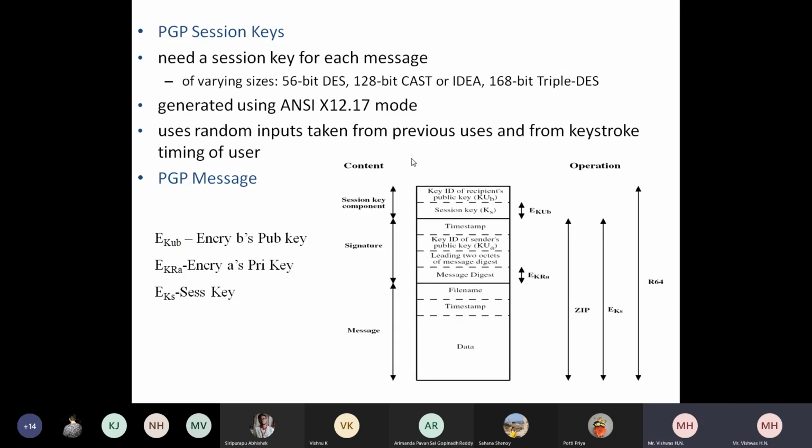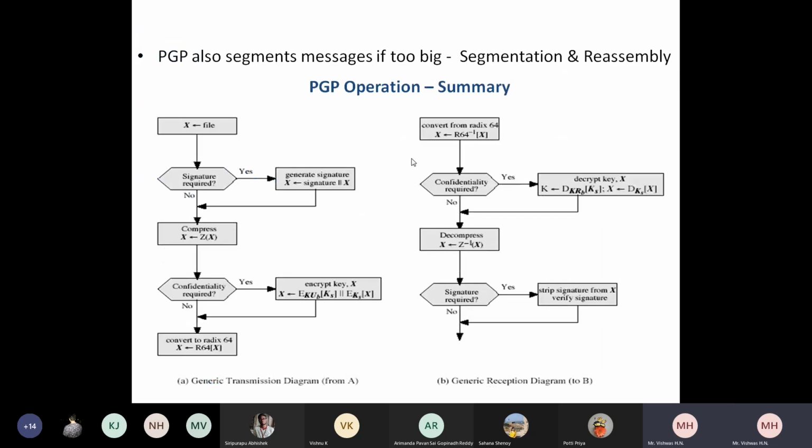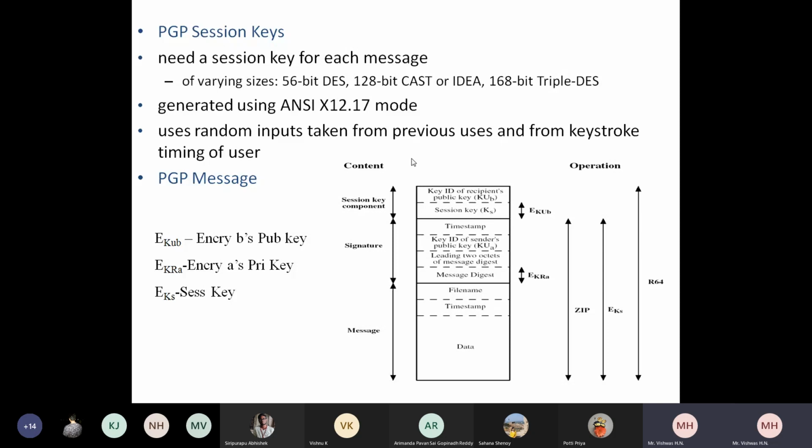Is it clear, students, these points? The message structure of PGP, the transmission and reception, the previous slide we discussed, the generic diagram of transmission and reception, how the PGP message looks, how you make PGP more effective, what the differences are between PGP and MIME.